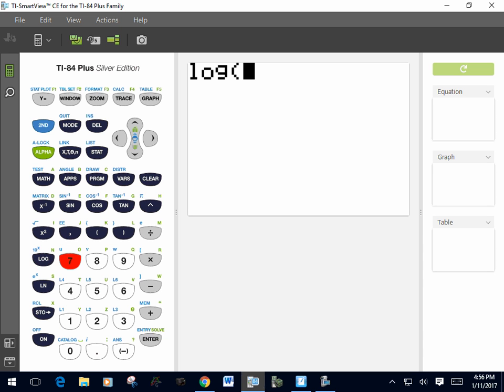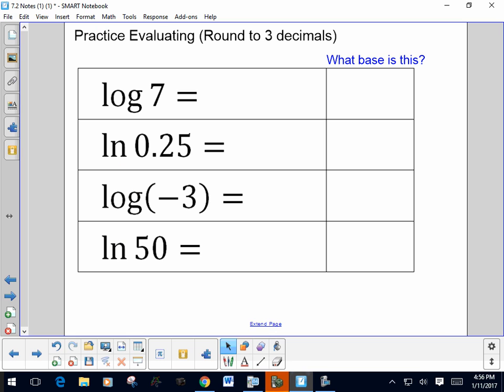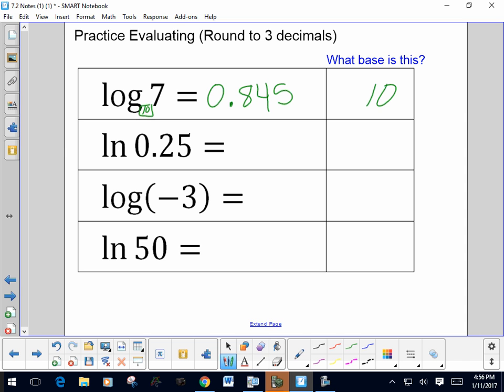So we type in log 7, and our calculator says that that is 0.845. And remember that the base isn't written. So you have to remember that that is base 10. Sometimes it's important to remember what that base is.